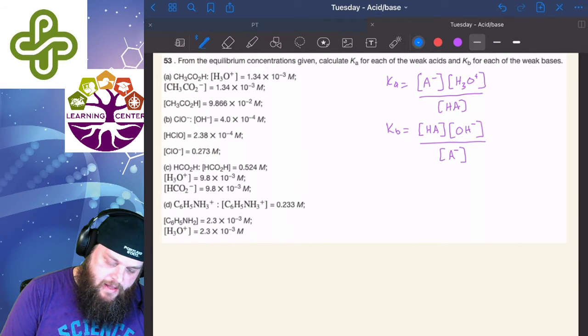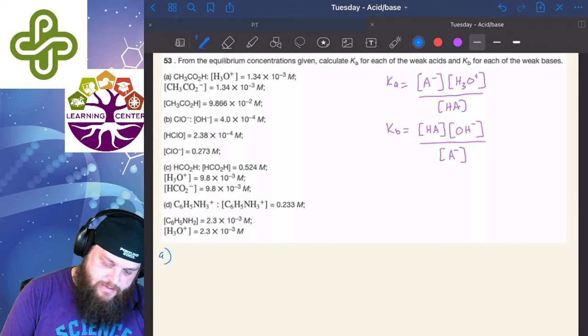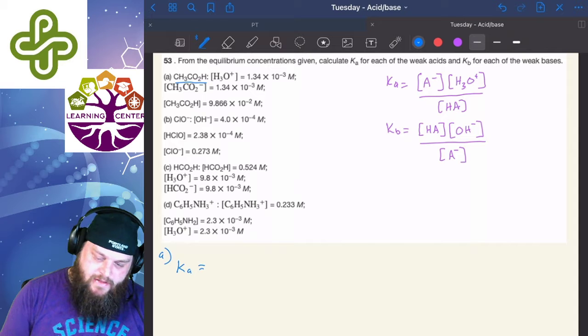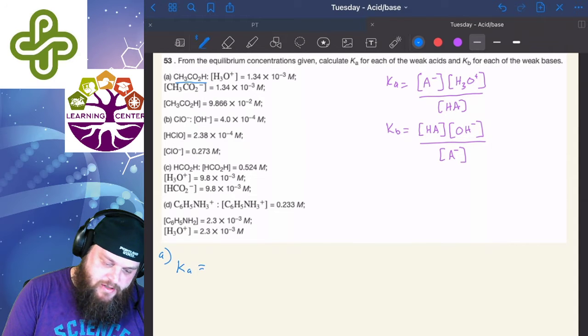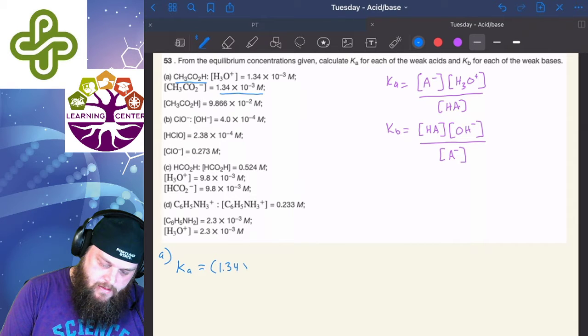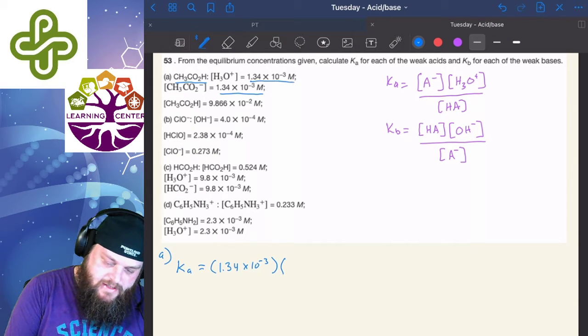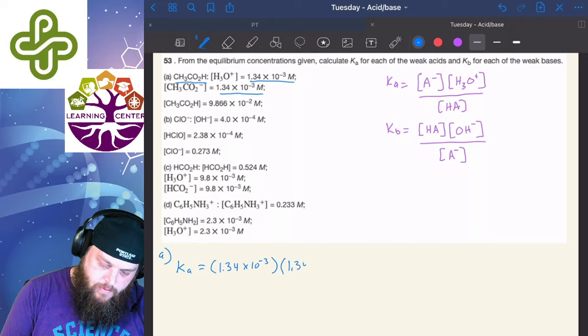So for part A, we can then just plug in. First of all, we know this is our acid, so we're going to have a Ka value. And that's going to equal the concentration of our base, which in this case is 1.34 times 10 to the negative 3, times the concentration of hydronium. Notice it's the same value, 1.34 times 10 to the negative 3.